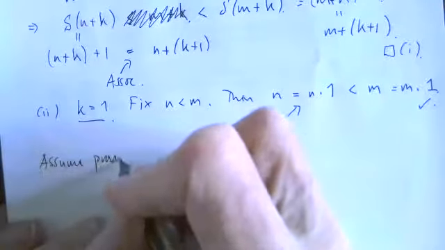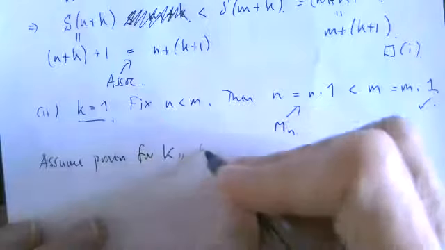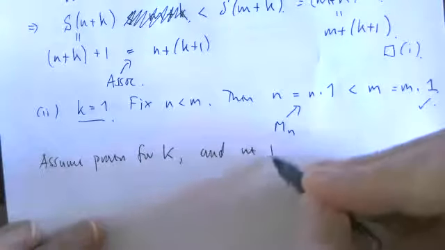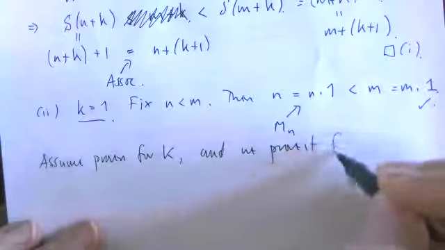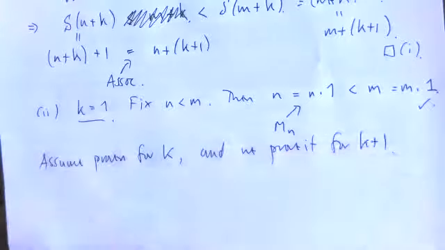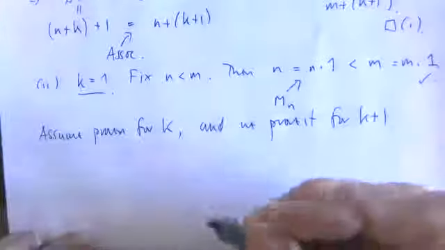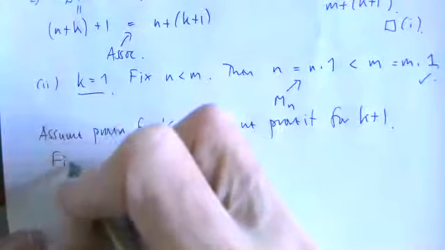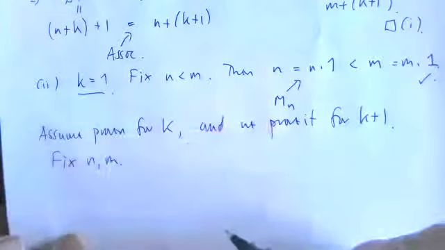So assume proven for k, and we prove it for k plus 1. So again, fix n less than m here.